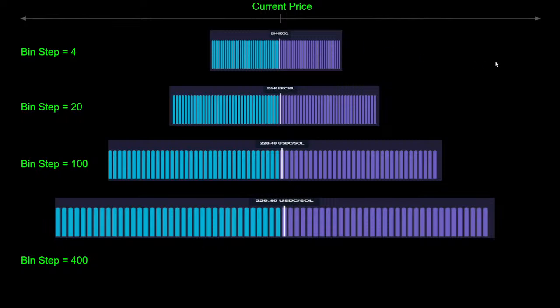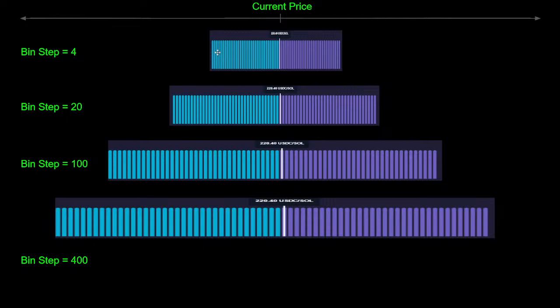And let's suppose you're adding $100 liquidity in each of these bins. A thing that you need to notice is that these bins, compared to the bin step which has 20, are much thinner compared to these ones. But the height of these bins is higher than the height of these bins. So what is basically happening is, if you deposit $100 worth of liquidity into each of these pools with varying bin steps, you will be providing that $100 liquidity in a much smaller range in a lower bin step pool.